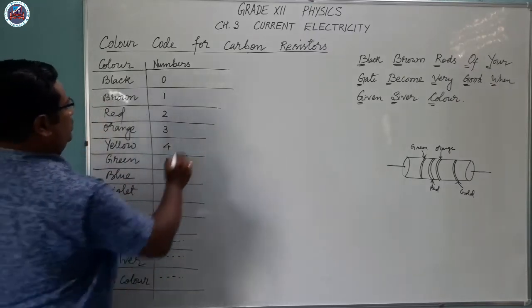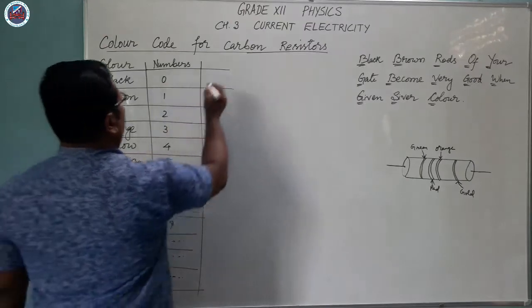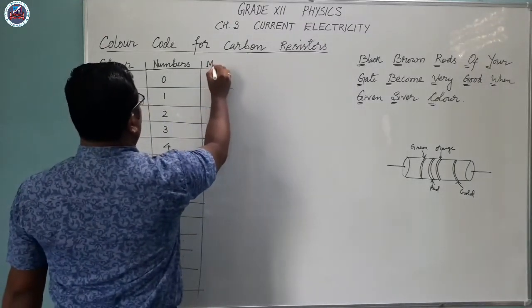Then in the third column, we'll write down the multipliers.